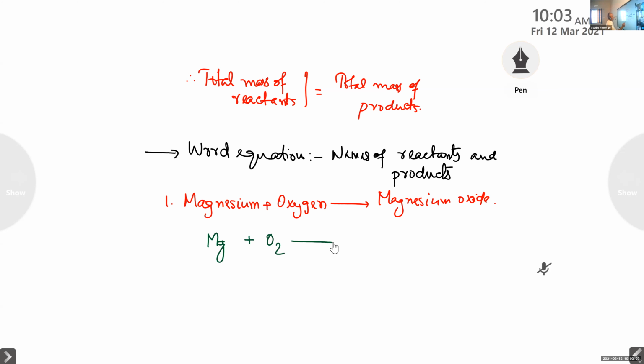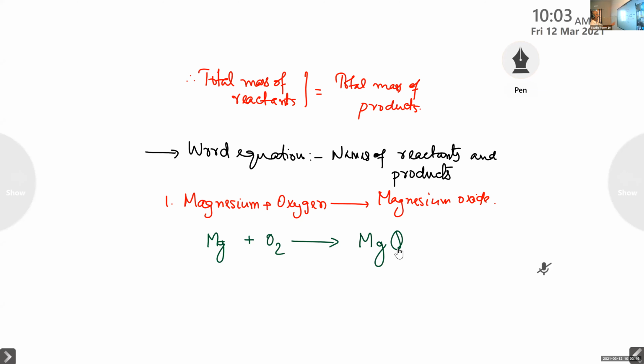Magnesium burns in air, and in air there is O2. So Mg plus oxygen gas O2 giving magnesium oxide. The formula is MgO. Mg plus O2 giving MgO.